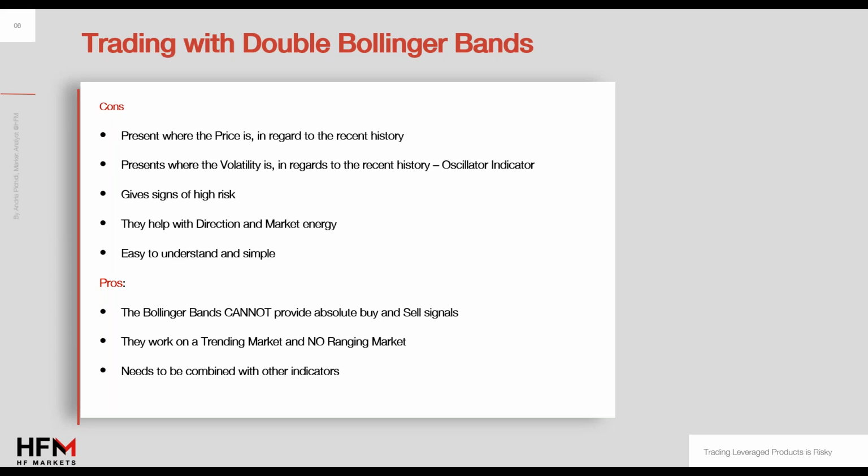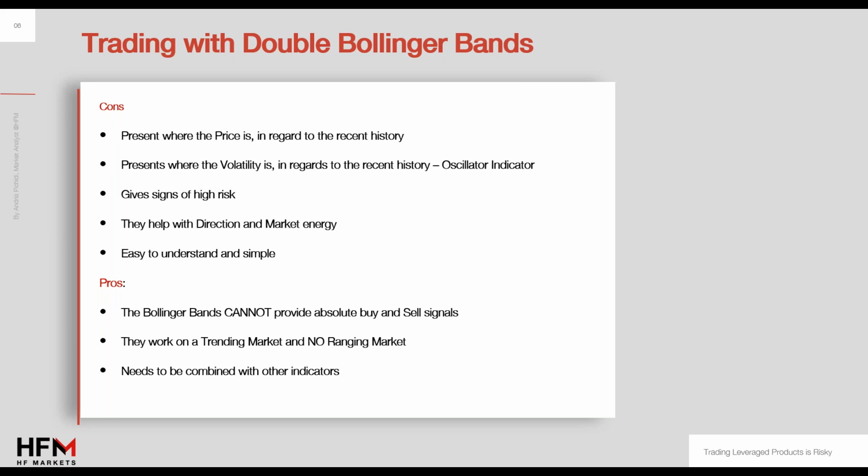But today we're going to focus on a particular technique, more precisely the double Bollinger Band technique. Just over here, I have some pros and cons for you to have in mind.